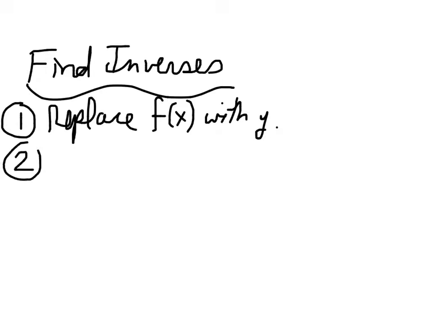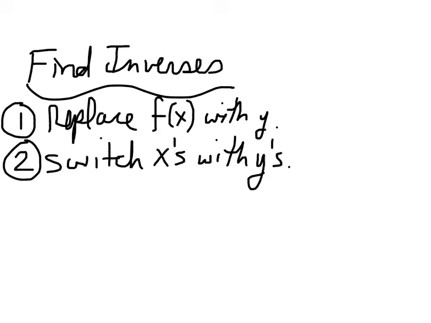Now, step 2. You're going to switch the x's with the y's. What I mean by that is wherever there's an x, you're going to put a y, and wherever there's a y, you're going to put an x.